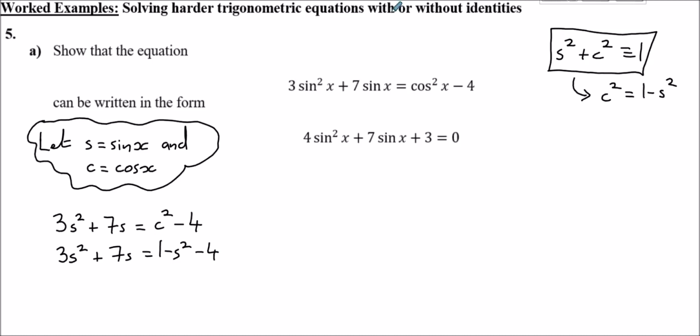Because, like I said there, cos squared is one and the same thing as 1 minus sine squared. And so this can then be rearranged. So if we add sine squared to both sides, we get 4 sine squared plus 7 lots of sine equals 1 minus 4. 1 minus 4 is minus 3.